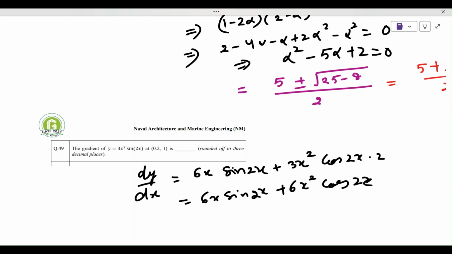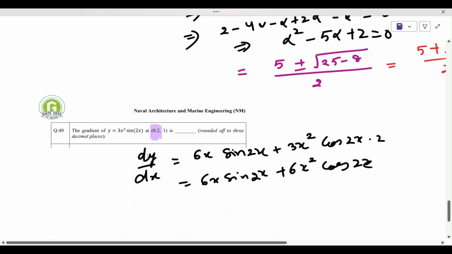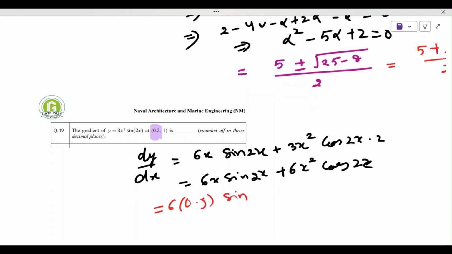Now, what is the value of x over here? That is 0.2. So let us substitute over here. So 6 into 0.2 sine 2x, x is 0.2, plus 6 into 0.2 whole squared cos 2 into 0.2.